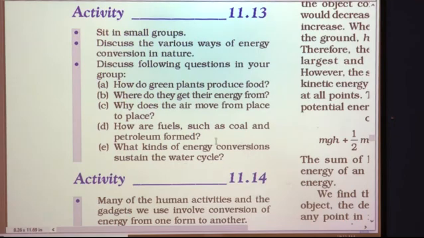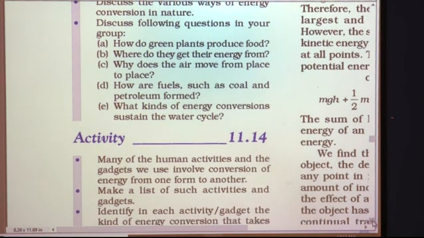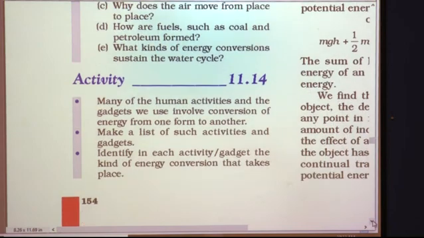How is the water cycle sustained? Because of condensation and evaporation, which are caused by the presence of solar energy. Solar energy gets converted into heat energy, then potential energy, then kinetic energy, meaning one form of energy gets converted into another form.